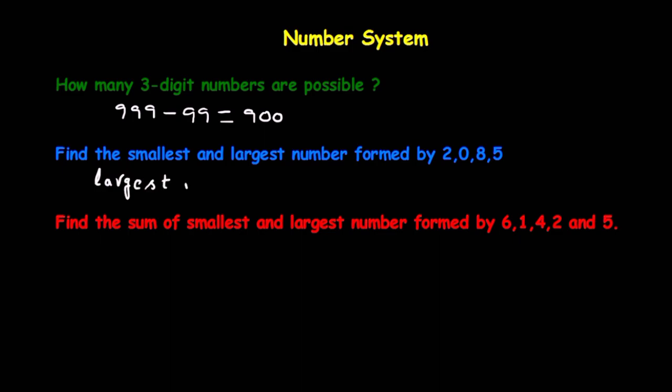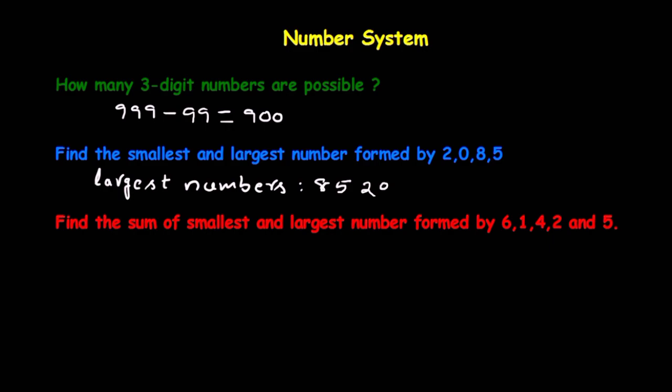We should take the highest digit of the number, that is 8. After 8, the next digit is 5, after 5 the next digit is 2, and after that the next digit is 0. So 8520 is the largest number formed by the digits 2085.